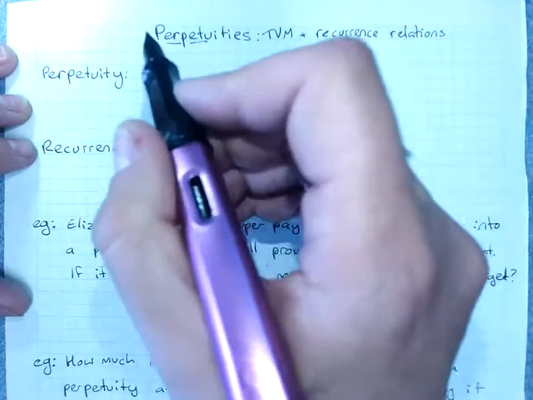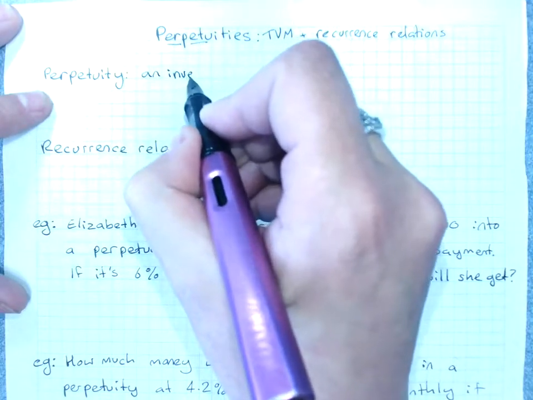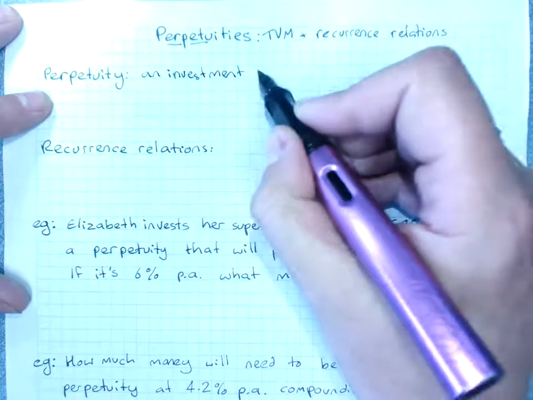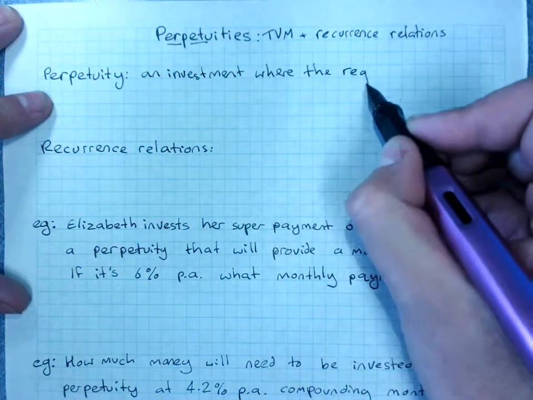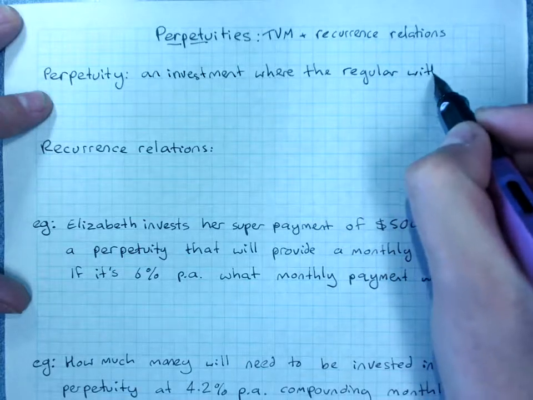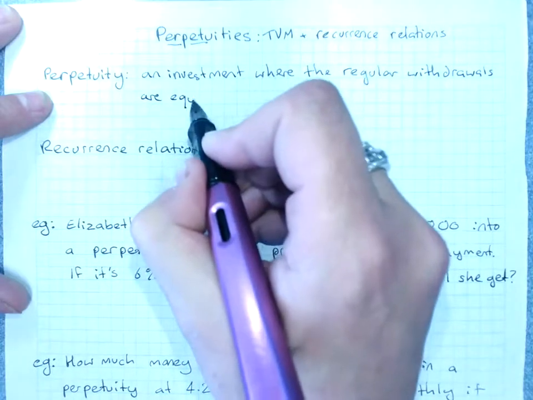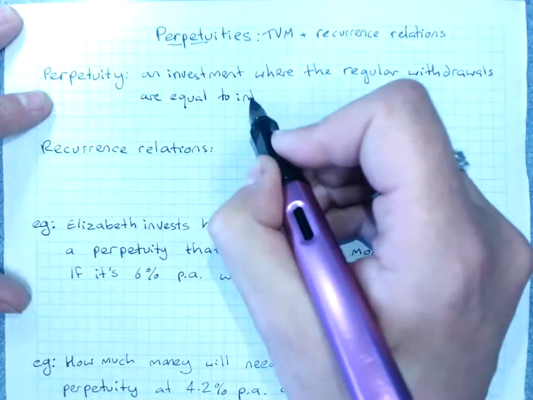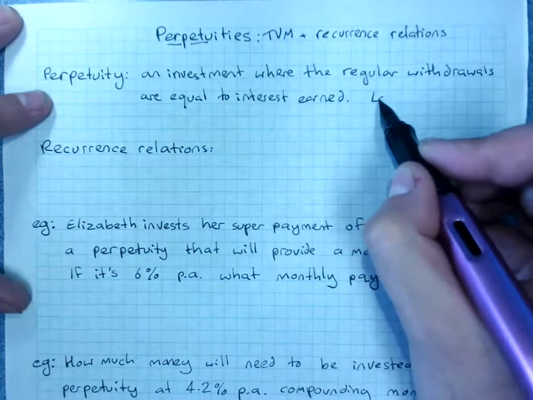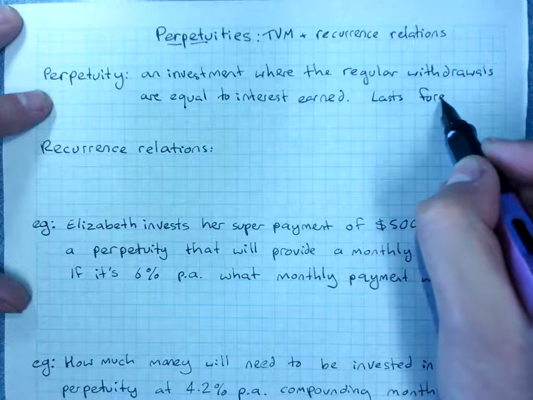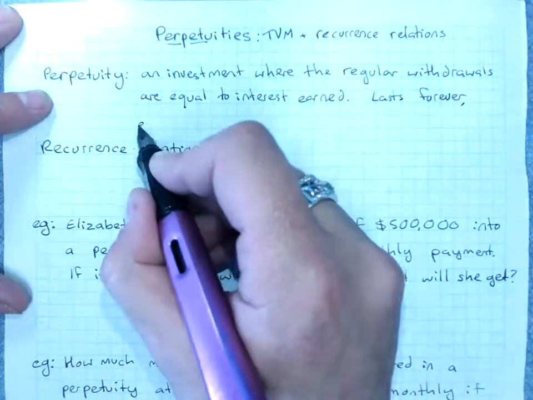So we'll write a little definition. And it's an example of a trivial sequence.